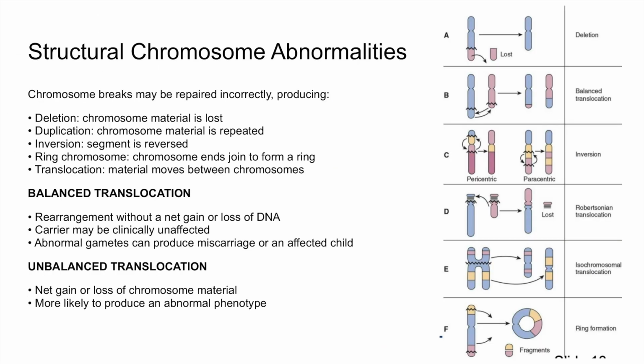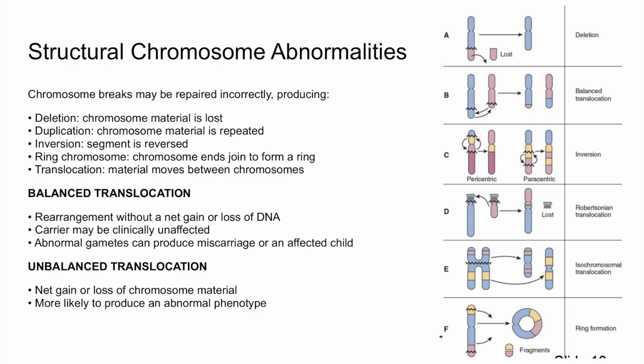All right, so structural abnormalities occur when chromosomes break and are repaired incorrectly. So a deletion removes the genetic material, a duplication repeats it, and an inversion reinserts a segment in the opposite direction. A ring chromosome forms when chromosomes' ends are lost or broken and then are joined together. A translocation moves material between chromosomes. The critical distinction is whether the rearrangement is balanced, right?